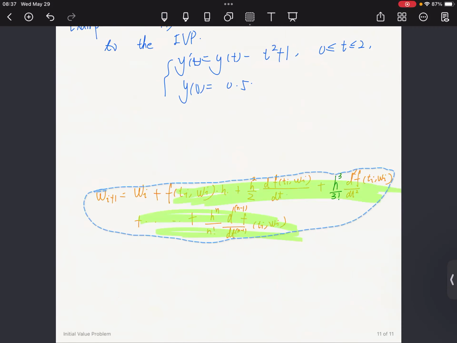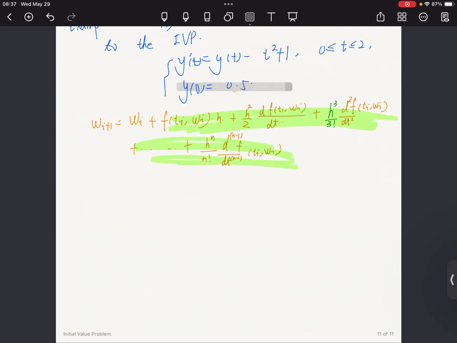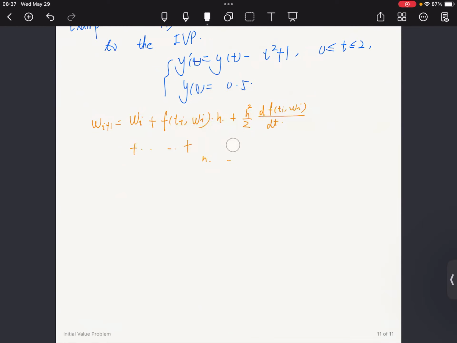So this is the formula, and we want order 2, which means that we are going to calculate all the terms up to the h squared term. Am I right here? So all the terms up to h squared, and then divided by 2.